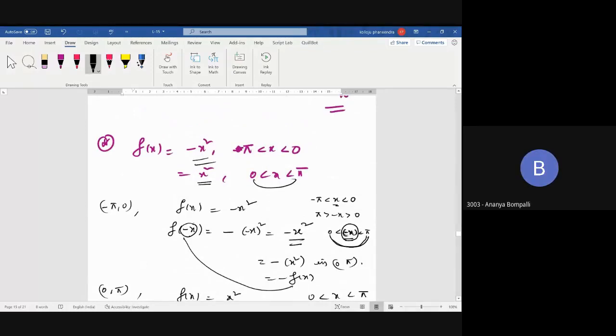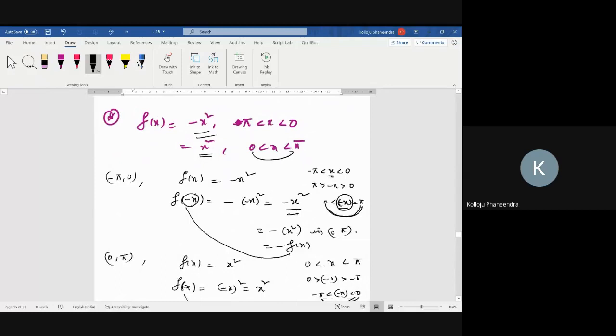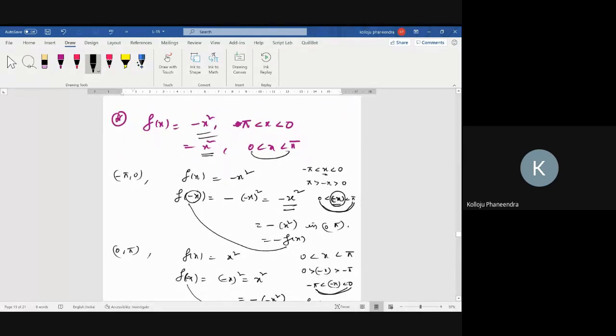One more important point: whenever you have confusion in deciding odd function or even function, when this type of problem is given, don't waste time. Just calculate a naught, a n, b n directly using the formula.